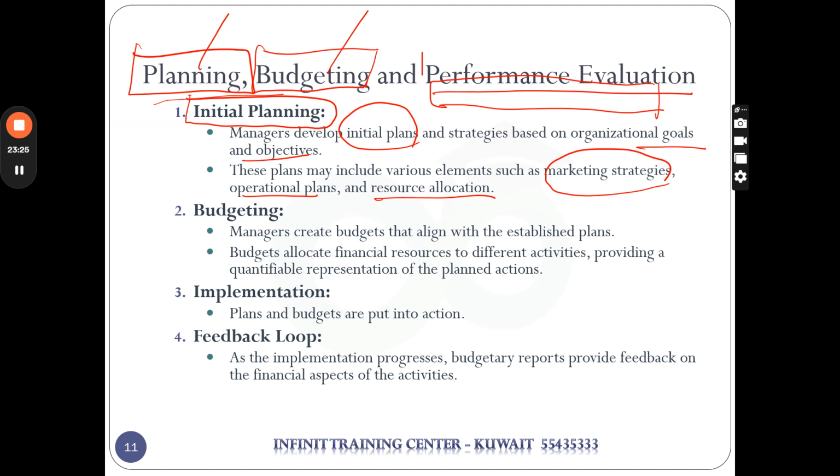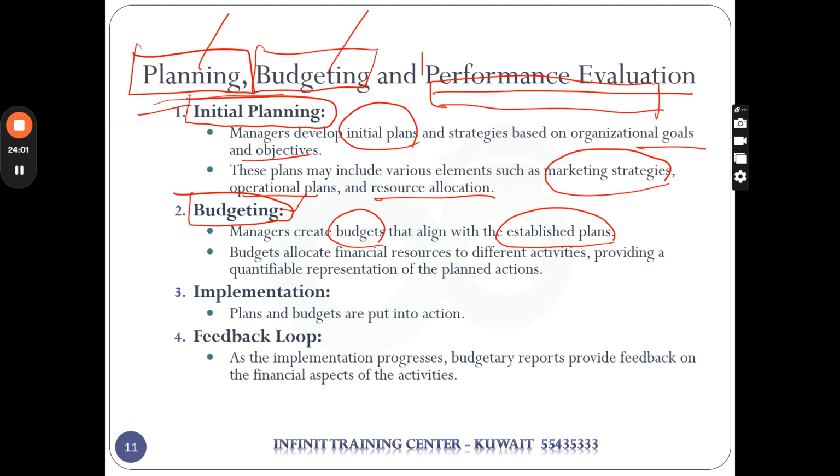Now based on this you will do budgeting. Managers create budgets that align with established plans. Budgeting is allocating your resources to different activities so that you achieve your planned actions.